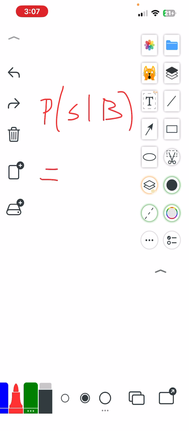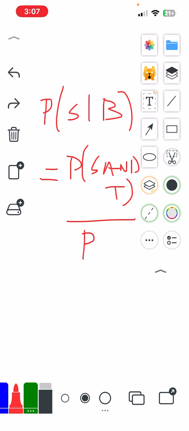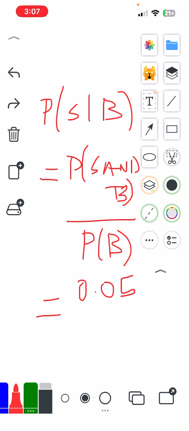This equals P(S and B) over P(B), soccer and baseball over baseball. So S and B, we know that it was 0.05. That's 5% of each group that play both the sports.